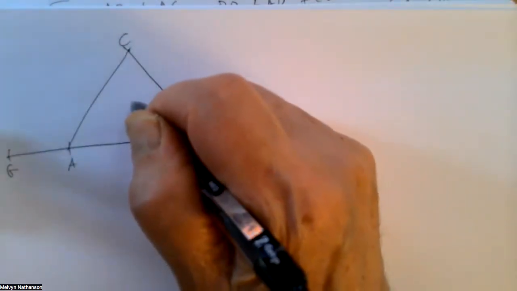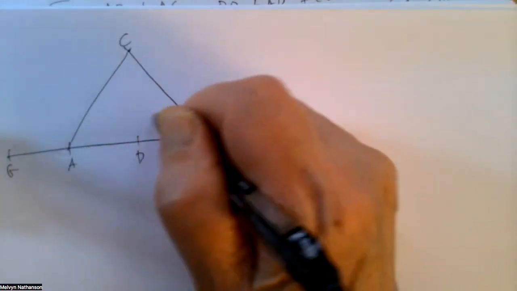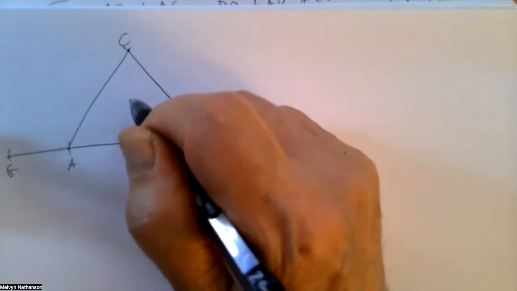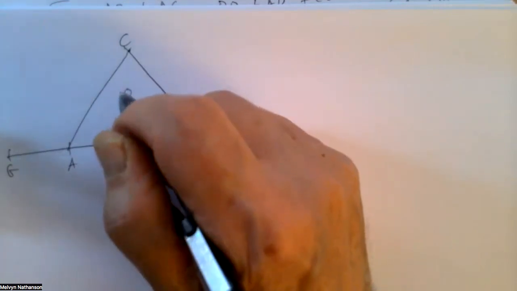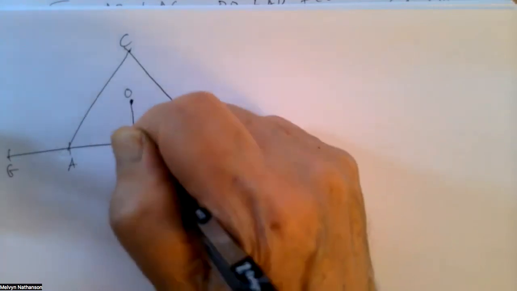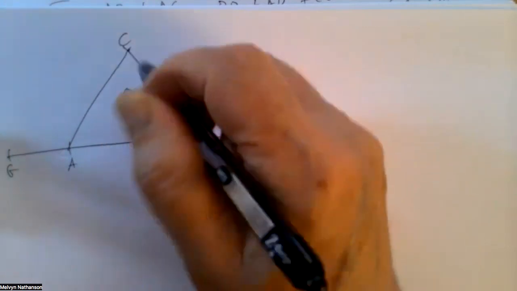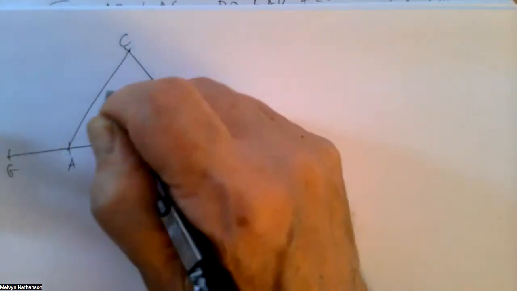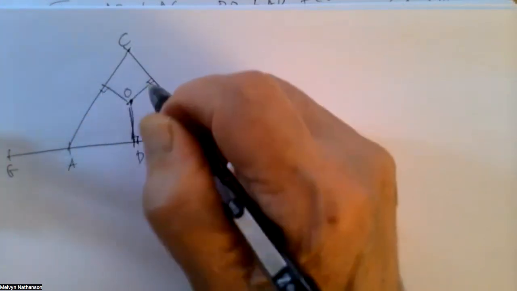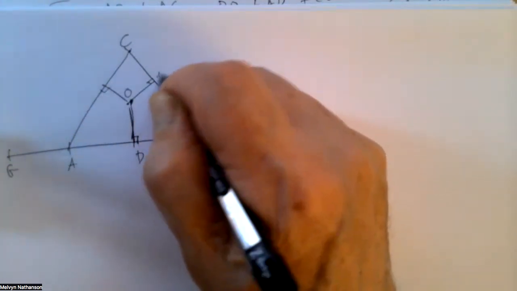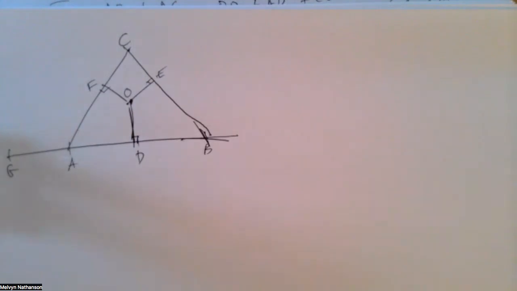And I had the incenter, O, and the perpendiculars to the sides, D, E, and F. That's what I have.